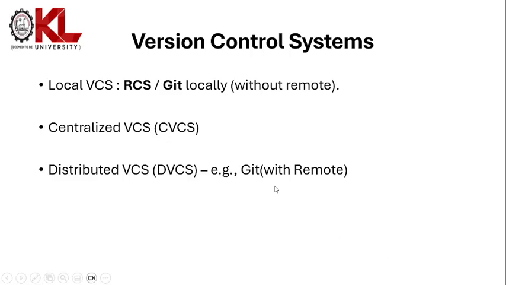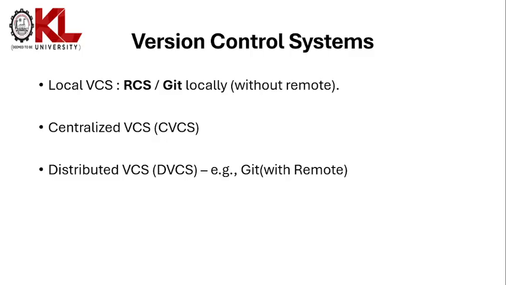There are three major types of version control system. First one is the local version control system. It is the first type of version control system, such as RCS.